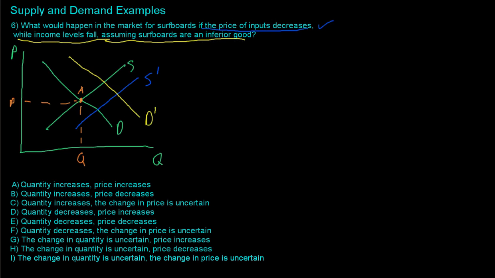And our equilibrium is going to go to this, let's make it pink, this pink point over here, which we'll label B. So we are definitely going to have an increase in quantity from Q to Q1, or Q prime, and then the change in price is going to be undetermined or uncertain.